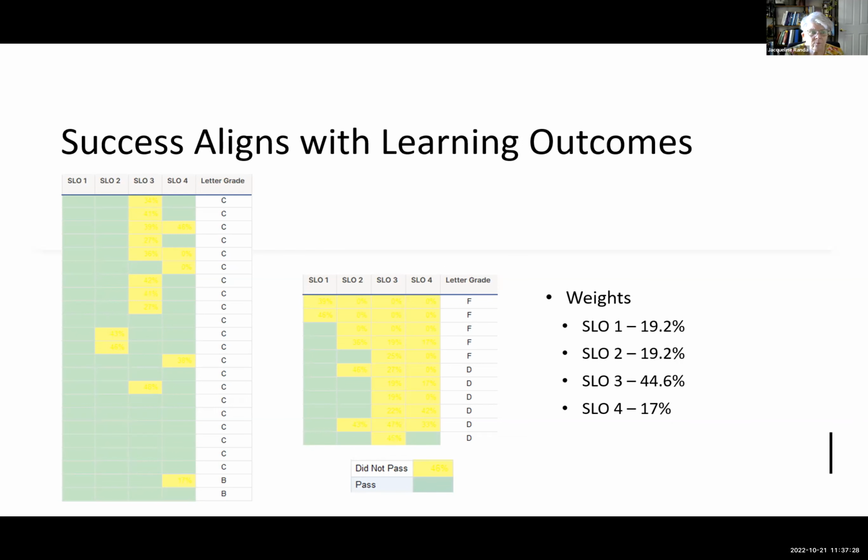Because if I look at the chart on the left, first of all, not quite halfway down, I can see that it's possible to succeed in all of the SLOs and still get a C. I can also see that it's possible to fail in more than one SLO and get a C. And it's also possible to fail in only one SLO and get a C. So this chart makes me question the grading system.